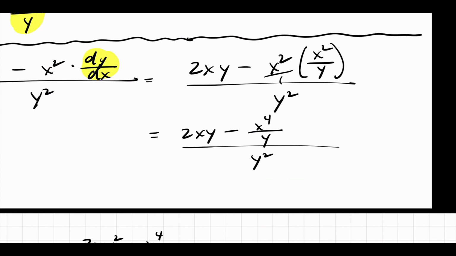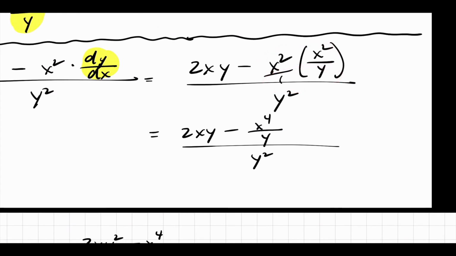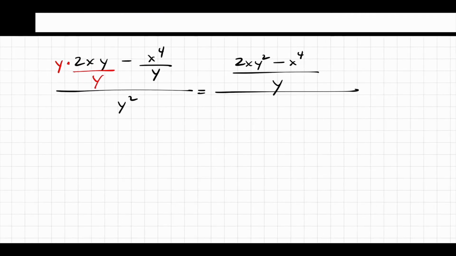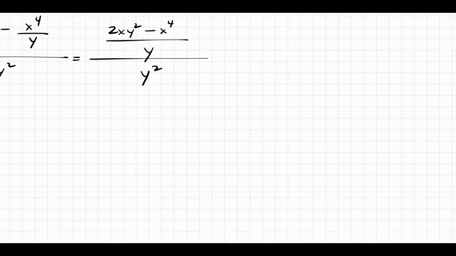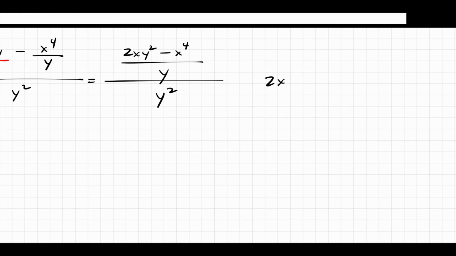How do you multiply fractions? Right there. And then the bottom was right there. Okay. Over y squared. Keep the top the way it is.